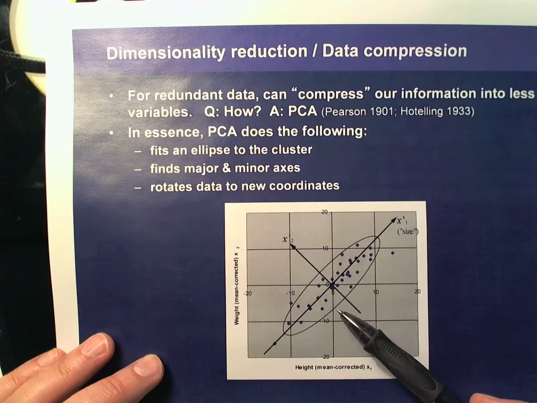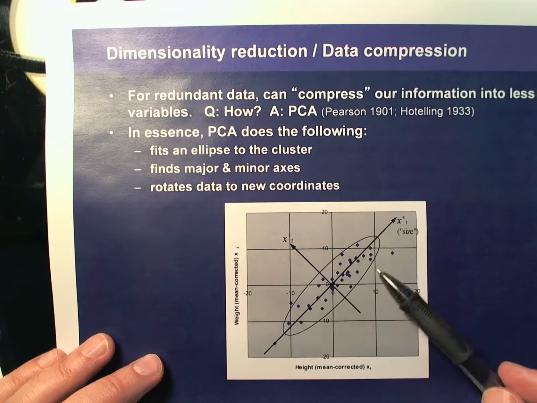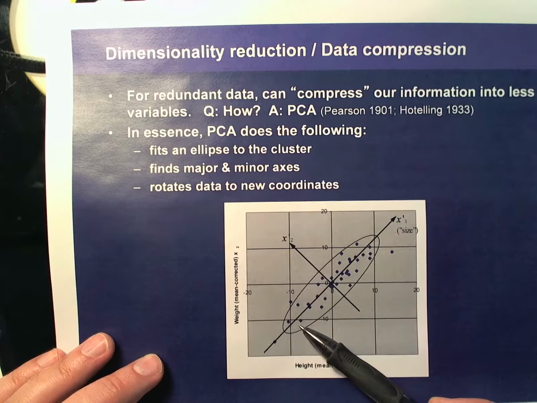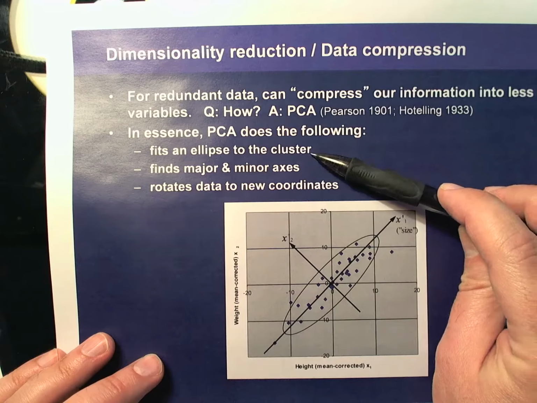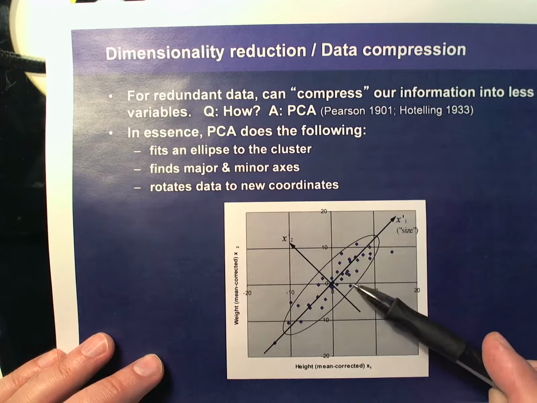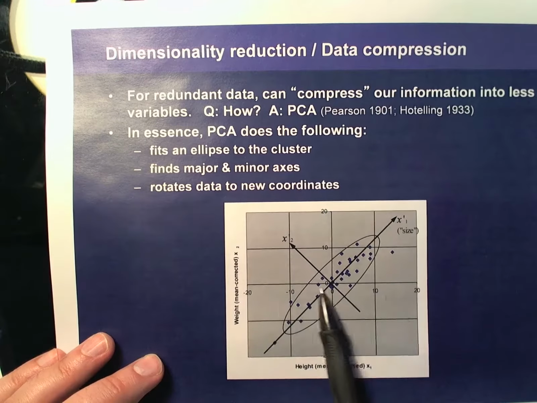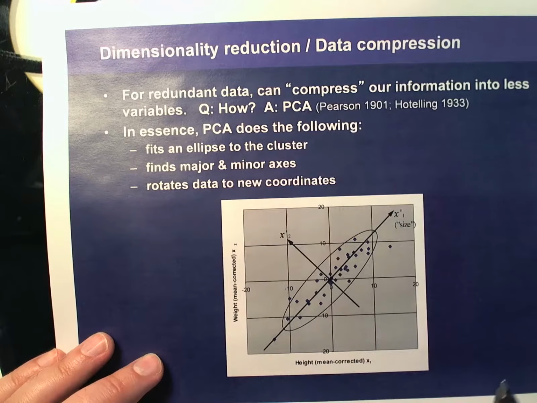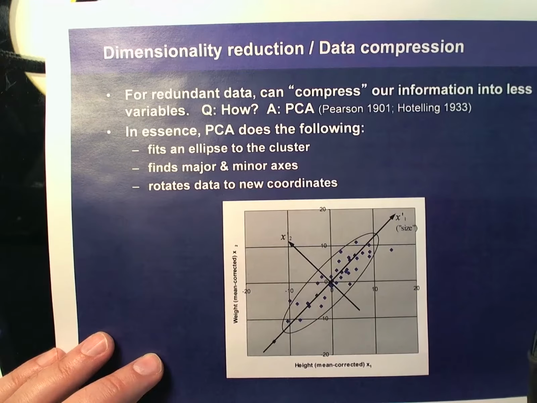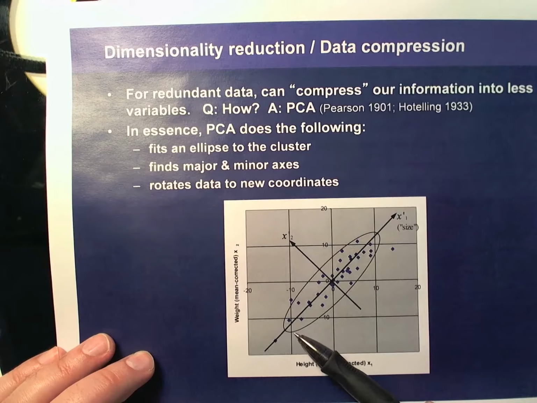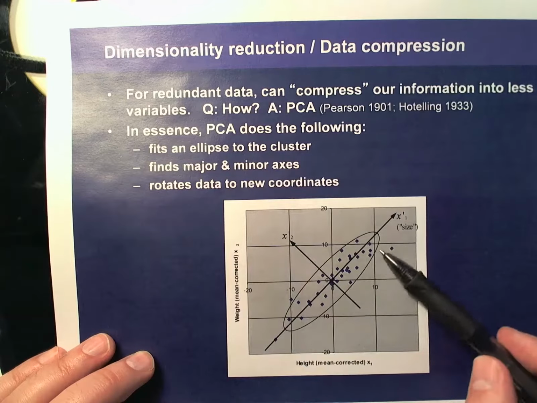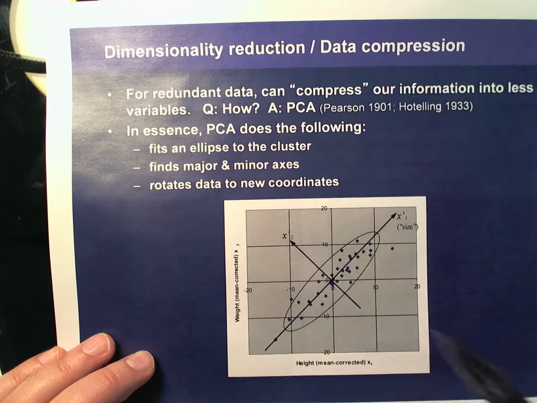What we do is we fit an ellipse to this cluster of points. Now that's a crude way of saying it. What we're really doing is we're assuming that the two random variables, this horizontal one and this vertical one, are drawn from a two-dimensional Gaussian distribution. We're not going to get much into the details of that. But in a two-dimensional Gaussian distribution, the example points tend to fall in a roughly ellipse-shaped grouping.